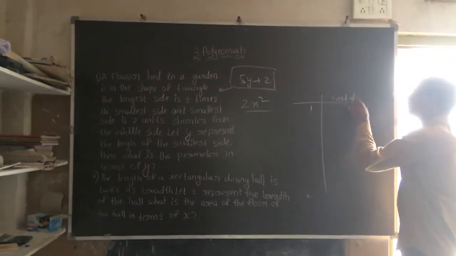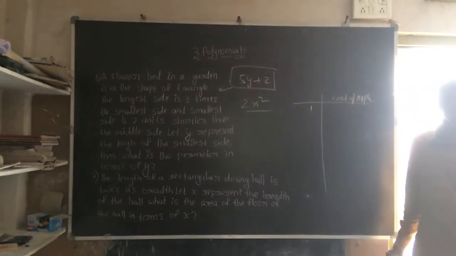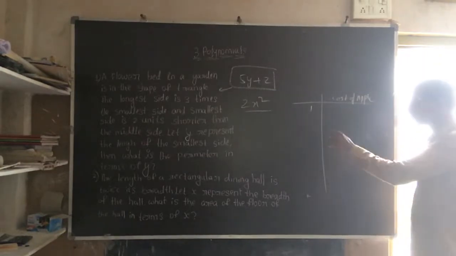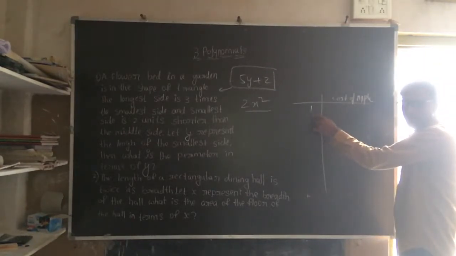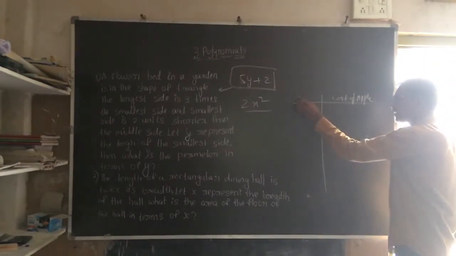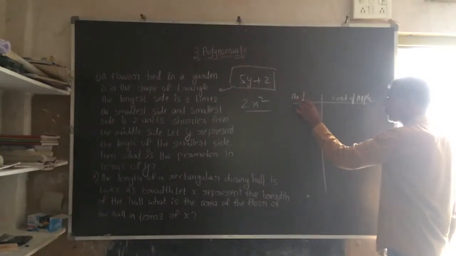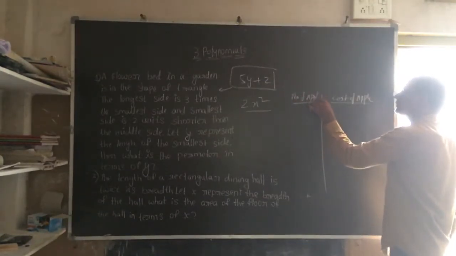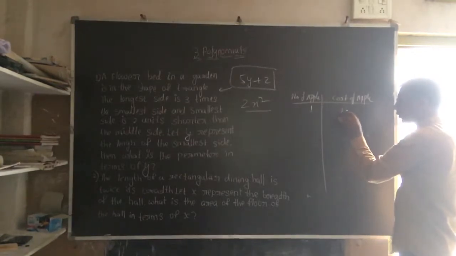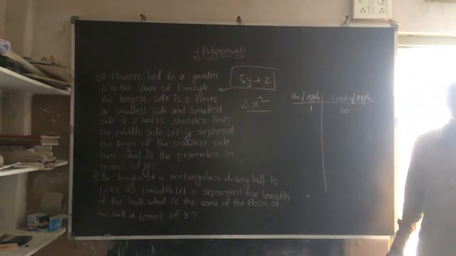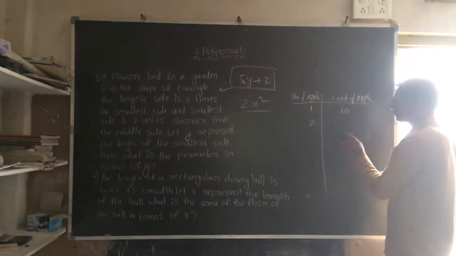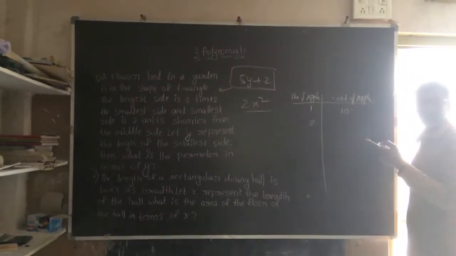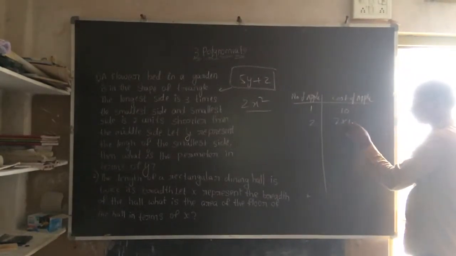The cost of apples. Suppose one apple costs 10 rupees. Two apples cost 2 times 10.